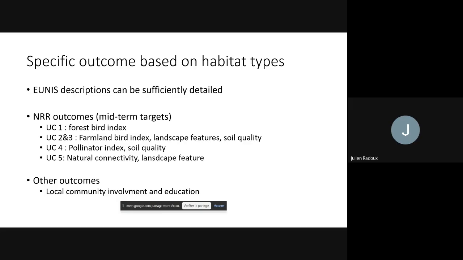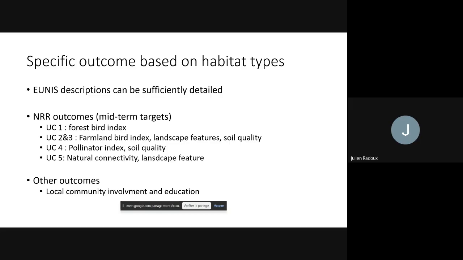And of course, for grassland, one of the main indices in terms of outcome is the pollinator index, which includes wild bees, but also some night butterflies and other pollinators, like, I don't know in English, sorry. There are 4 categories of pollinators that are taken into account for the pollinator index.